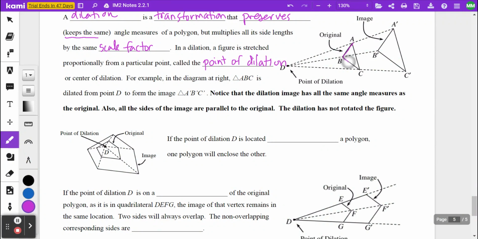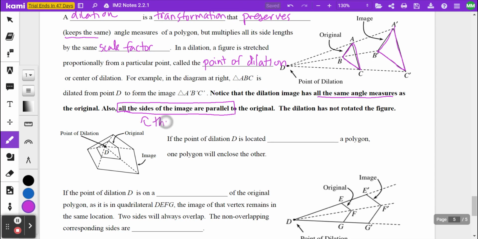Here's our original ABC. Here's A prime, B prime, C prime. Notice that the dilation image has all the same angle measures as the original, and all of the sides are parallel. This is something that we did not observe during our notes, although some of you may have observed it. We didn't write it down, and it is a property of dilations.